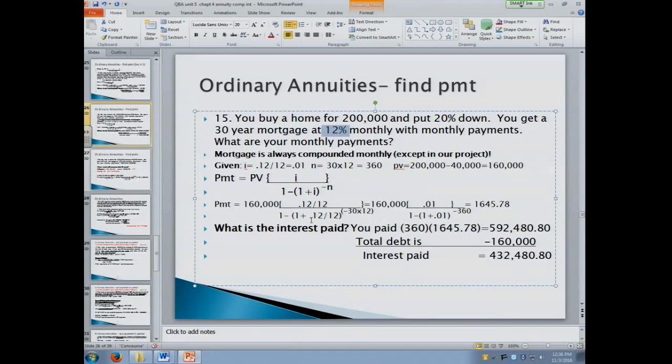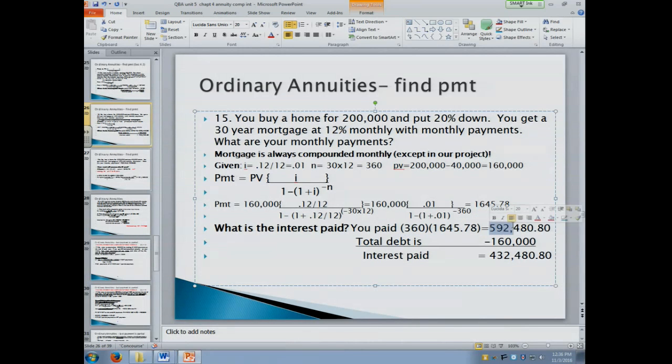However, it's easy to do the math when you're calculating I. That's why I did it. So let's, for example, you did make this payment. You made this payment of $1,645.78 for 360 months.